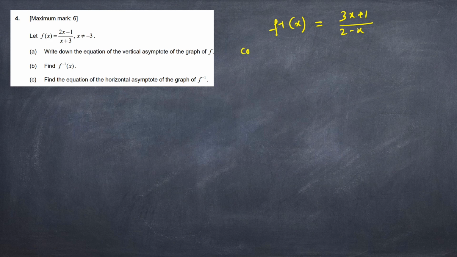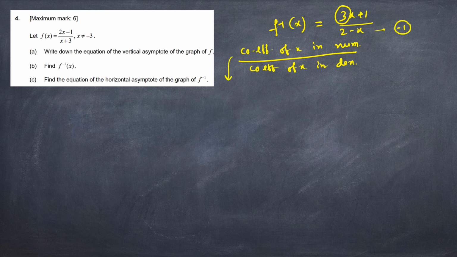So it is basically the coefficient of x in numerator divided by coefficient of x in denominator. As you can see here, the coefficient of x in numerator is 3 and the coefficient of x in denominator is minus 1.